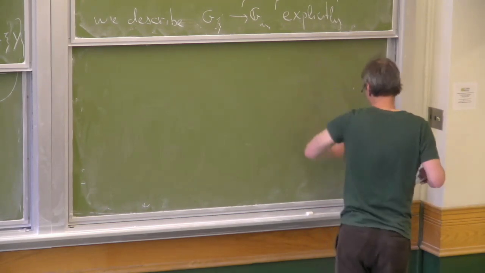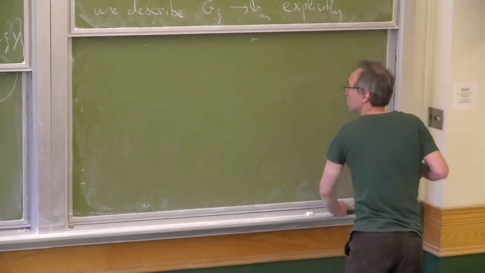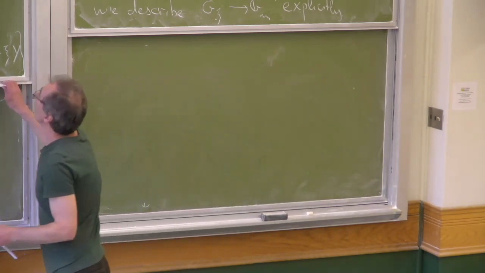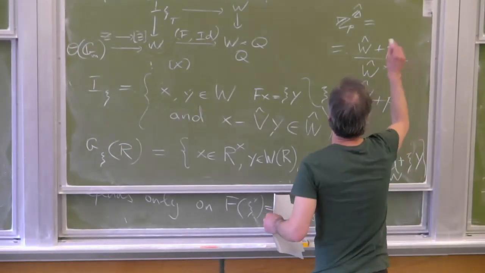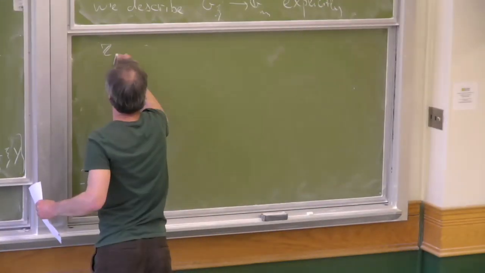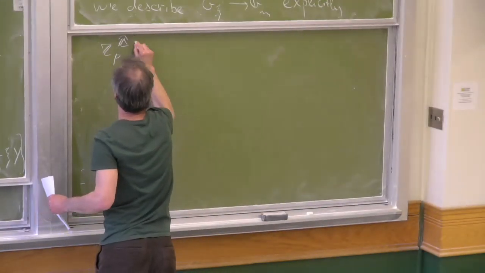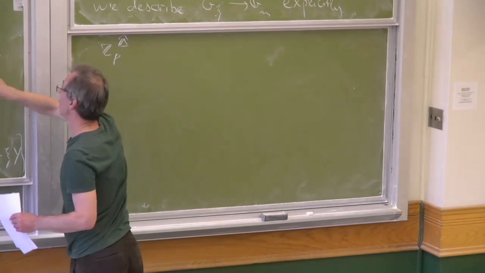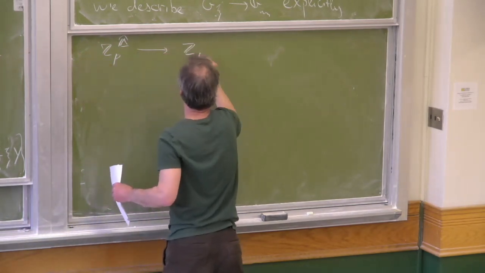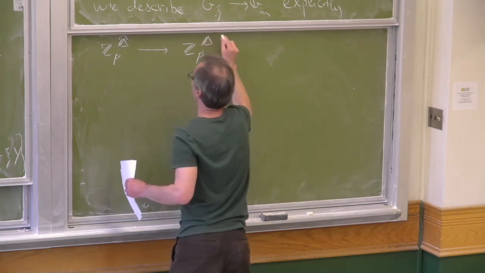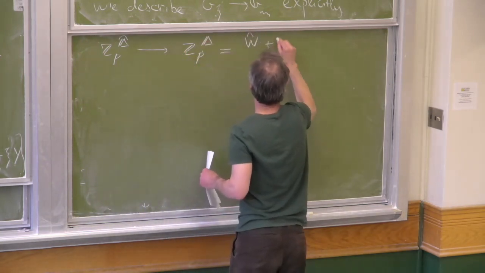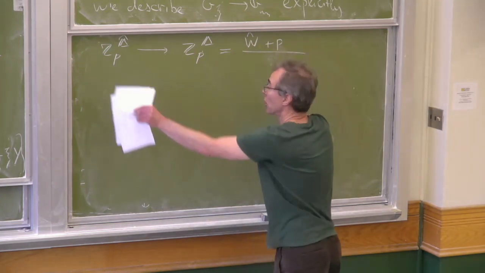So what we want. I recall that we had Z_p. This is the description of the shared prismatization of Z_p, and we also have a similar description of the usual prismatization, and this is W hat plus p over some larger group.